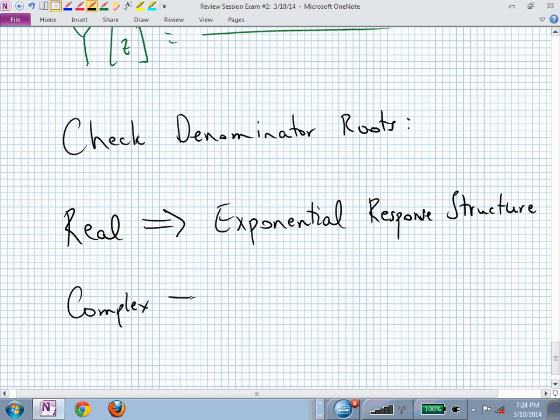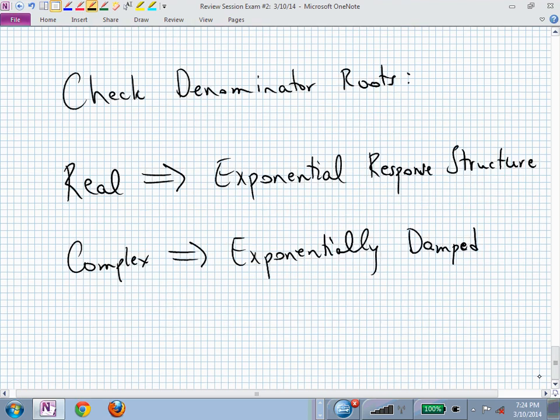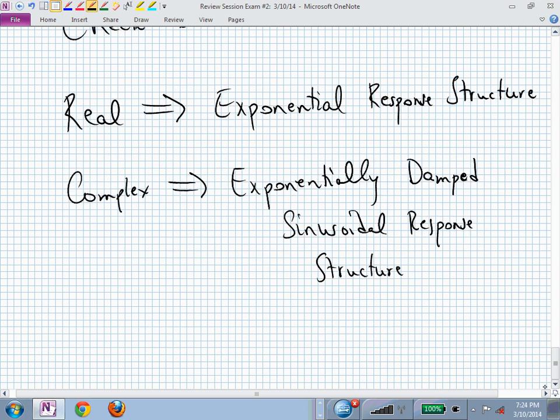If it's complex, now you have an exponentially damped sinusoidal response structure, and the damping could be negative damping.